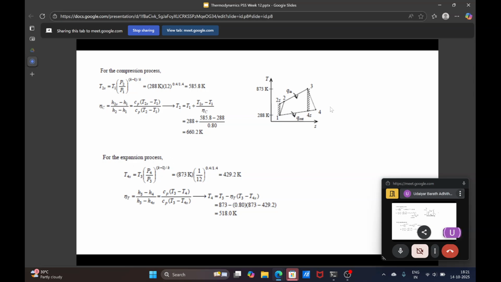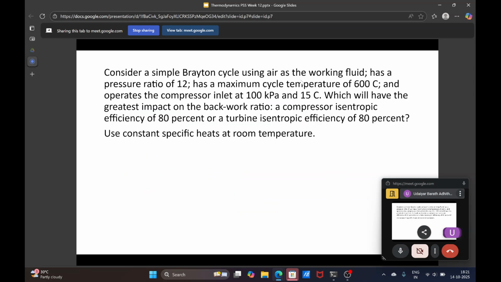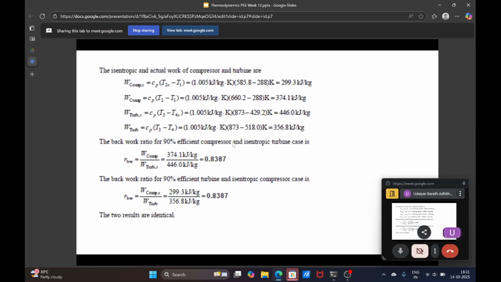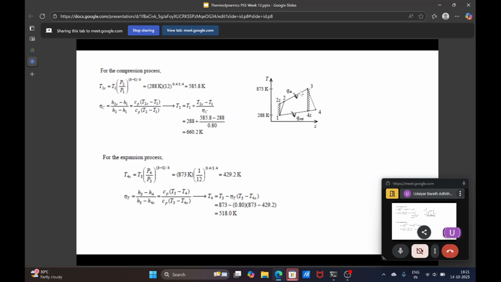Similarly, the expansion. Here they have given the maximum cycle temperature to be 600 degrees Celsius. In a TS diagram, the maximum temperature occurs at 3, which is the temperature at the inlet to the expander or the turbine. So T3 is 600 degrees Celsius, the inlet to the turbine.